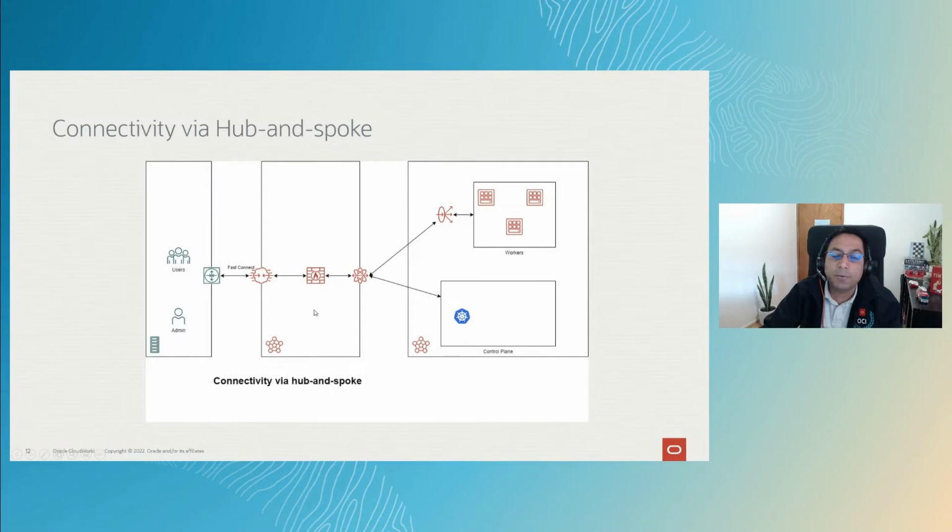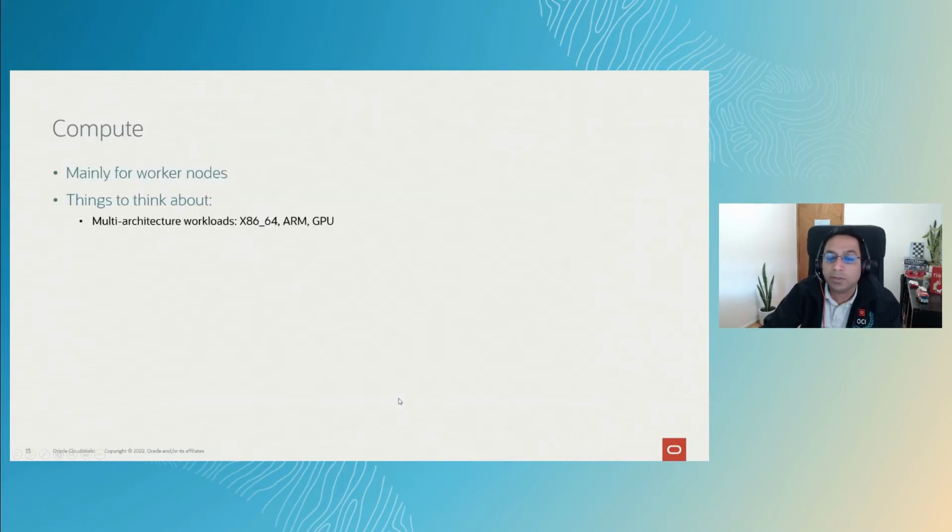In this way, you can be a bit more prescriptive around who can access the application, or who can access the control plane, whether it's admin access or user access. In doing so, you can limit your need for Fast Connect maybe to just one connection if necessary.